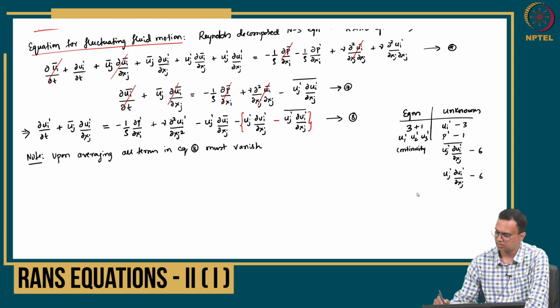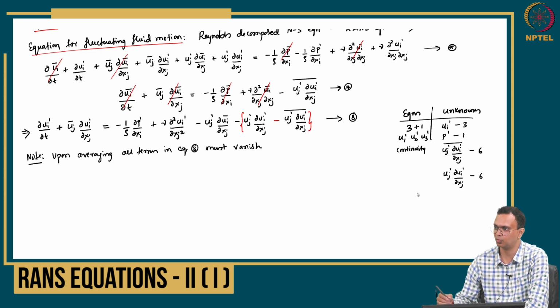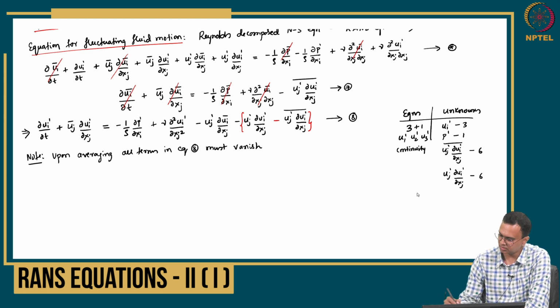Again you have fewer equations compared to the number of unknowns, and the number of unknowns is growing. In the RANS equation you had only 6 unknowns, but now you have an extra 12 unknowns. That's why it's called the turbulence closure problem. The more you average, the more you try to dig deeper, more unknowns pop in. It's an endless exercise. So again you have fewer equations than unknowns, the turbulence closure problem.